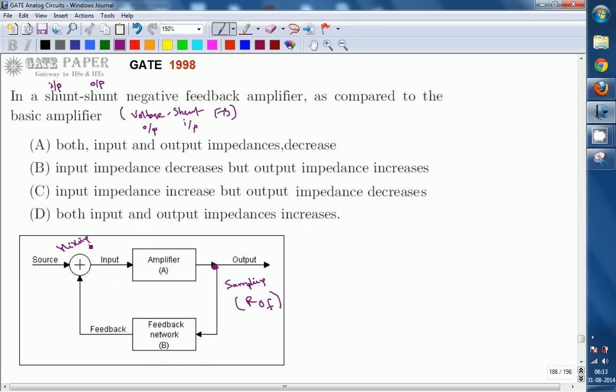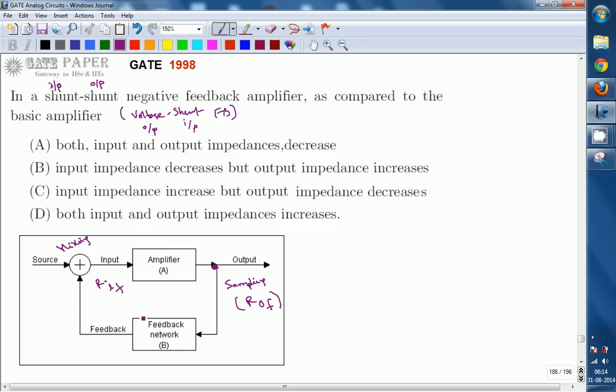The mixing is at the input side, so this mixing affects Ri, the input impedance. After feedback, it becomes RIF, which is the input impedance with feedback.